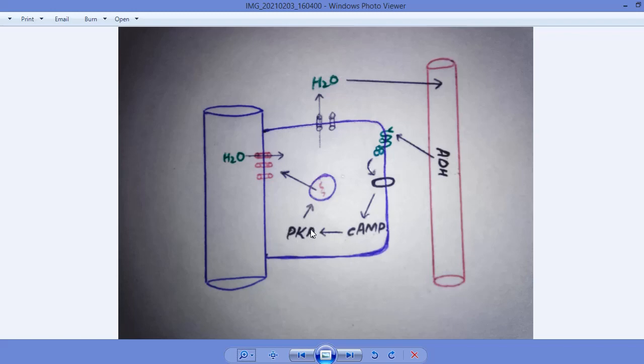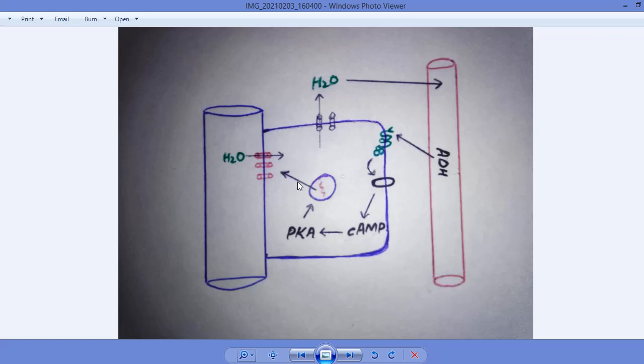This protein kinase A will go to the nucleus of this cell. When this protein kinase A reaches inside this nucleus, what does it do? When the protein kinase A comes inside this nucleus, it will activate the transcription factor, and that transcription factor will activate the DNA, and that DNA will form a messenger RNA, and that messenger RNA will go outside this nucleus.